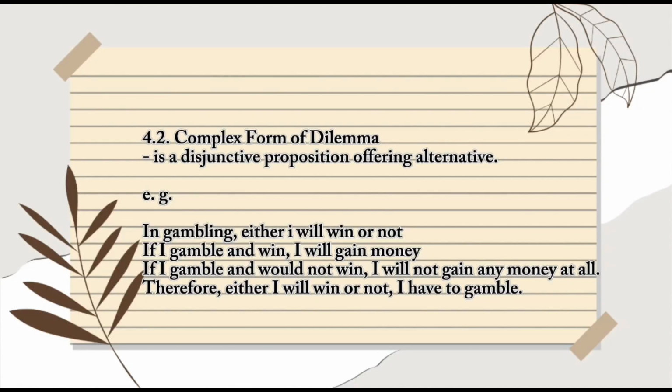Therefore, either I will win or not, I have to gamble. If magsusugal ako, either manalo ako or hindi. If manalo ako, makakakuha ako ng pera. If hindi ako manalo, wala akong makukuhang pera. Pero susugal ako even though hindi ko alam yung possible outcomes kung mananalo ako or hindi.